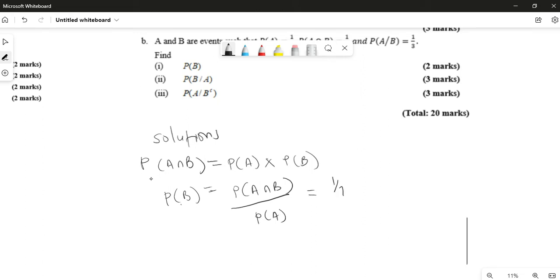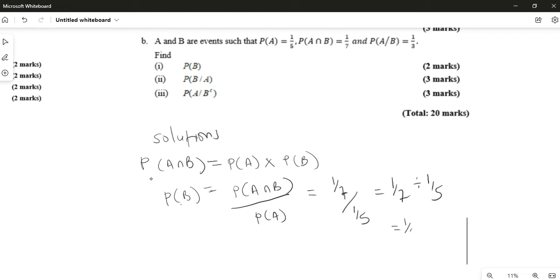All right, so the probability of A intersection B is 1 over 7, divided by the probability of A, which is 1 over 5. So basically, let's do the division of the fractions: 1 over 7 divided by 1 over 5.